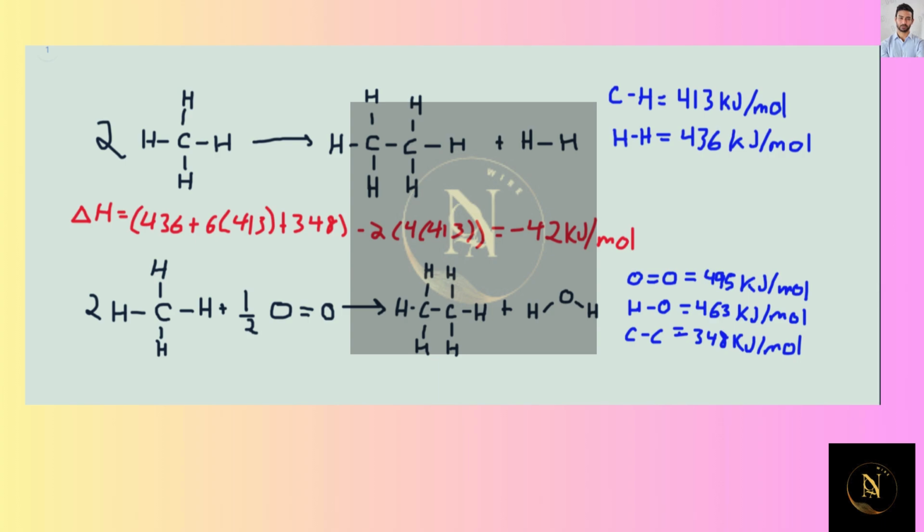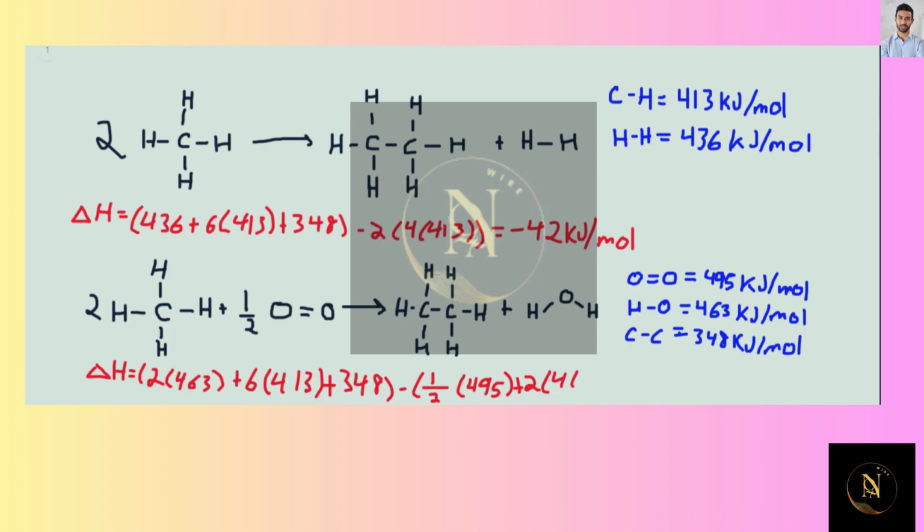And for our second reaction, delta H is equal to 2 times 463 plus 6 times 413 plus 348 minus 2 minus 1/2 times 495 plus 2 times 4 times 413.